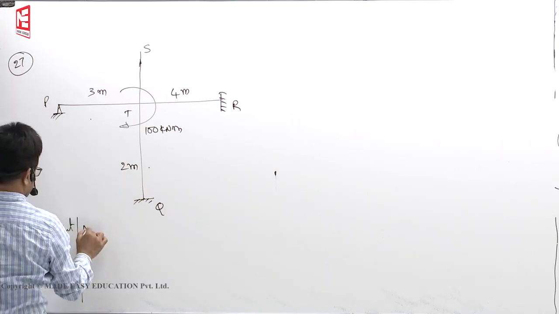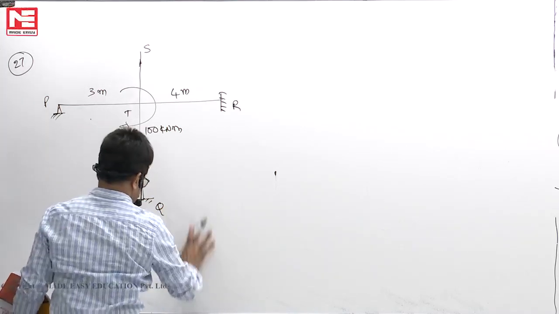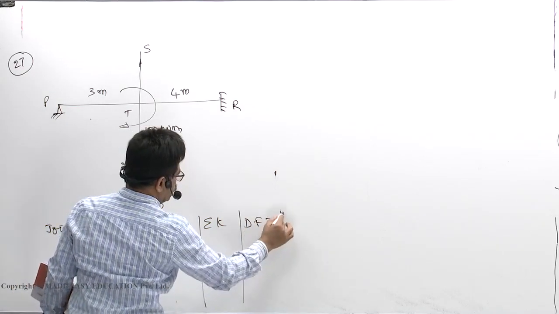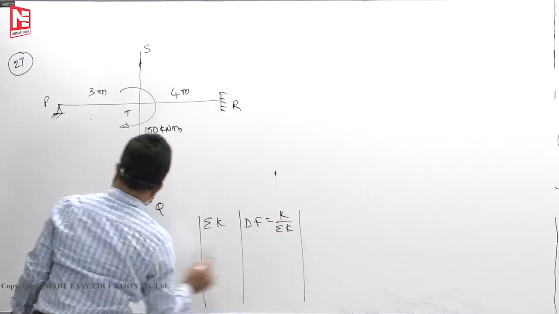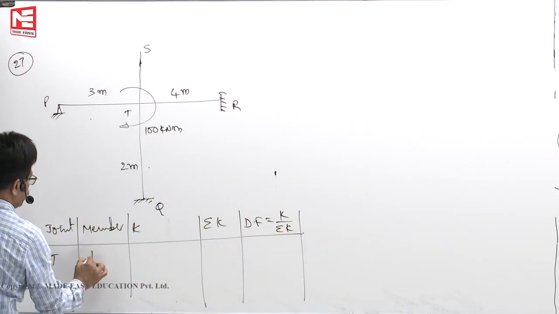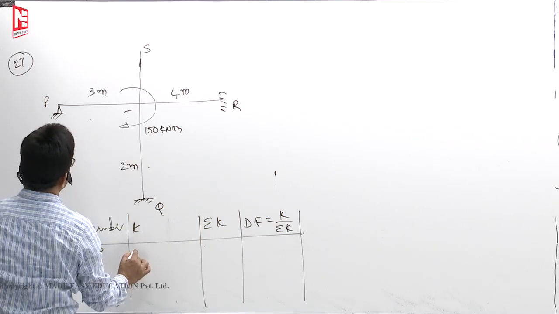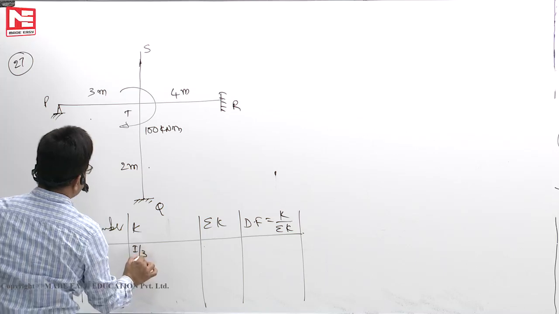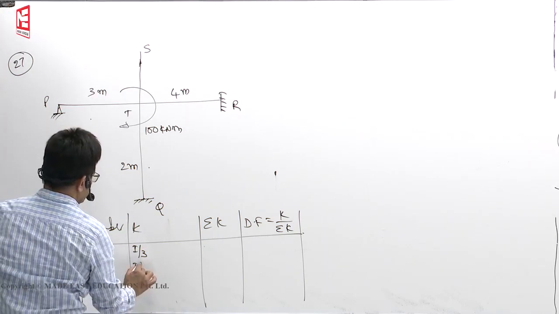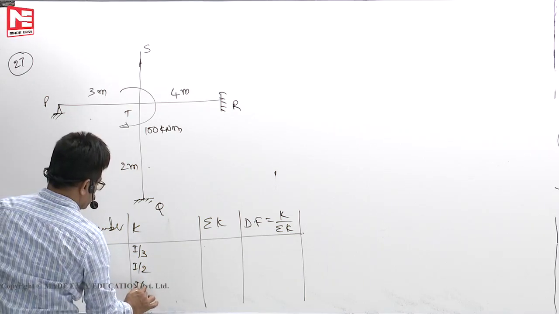Then in this case you have to write joint, member, K, sigma K. Distribution factors are K by sigma K. So joint T: TP, I by L means I by 3. This is TQ, I by 2. TR, I by 4.